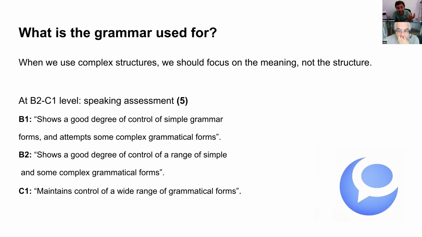Now, you can make mistakes with B2 and complex grammar, but you need to understand most of it. Now, let's see C1. Maintains control of a wide range of grammatical forms. So C1, you don't make many grammatical errors. Almost all of your grammar is good, simple and complex grammar. So let's review what complex grammar is, and we will talk about how to use it.